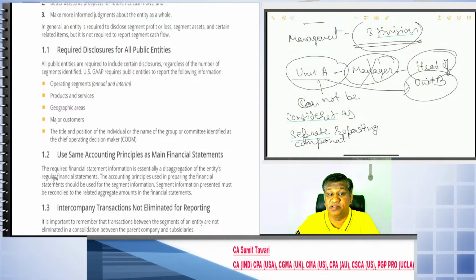So whenever you are preparing the segmental reporting, you need to apply the same accounting principle which you use for the financial statement. Okay. Then intercompany transactions are not eliminated.